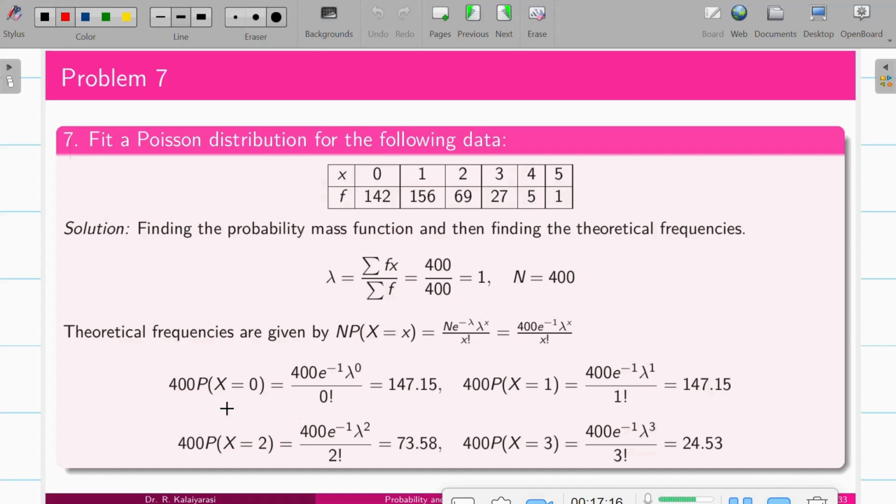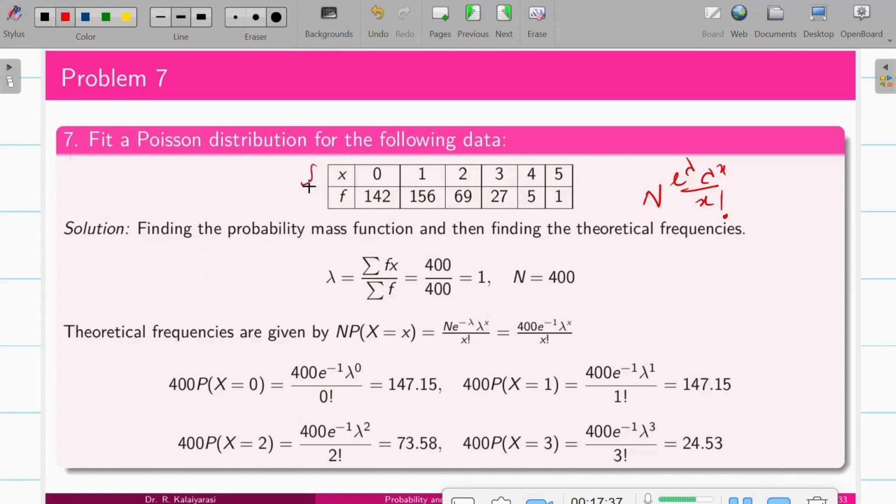The binomial distribution is nCx p power x q power n minus x. Poisson is e power minus lambda, lambda power x upon x factorial. We are going to use that one, and to distribute the frequency, we will multiply it by N.